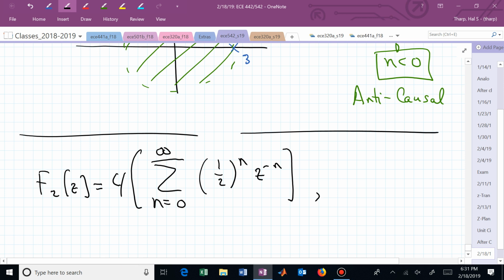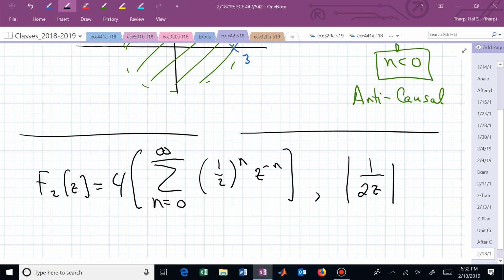And when is that going to be a finite value? What's the common ratio? What would be scaled by the power n in each term? It's 1 over 2z.